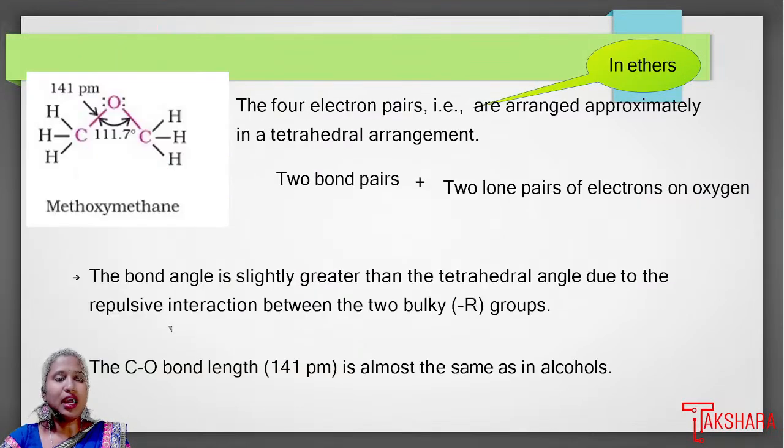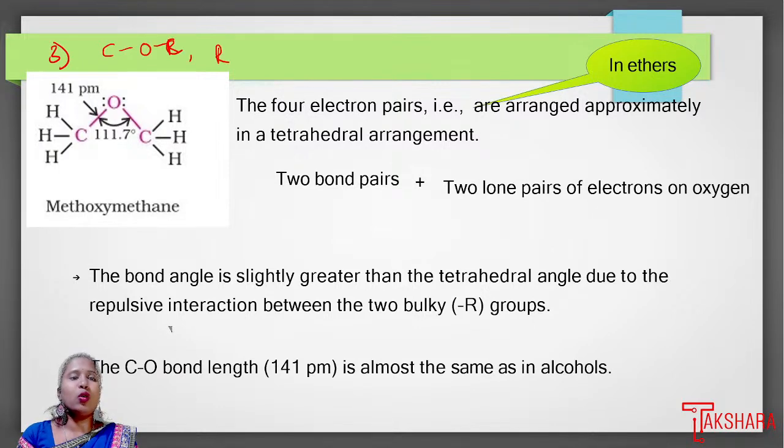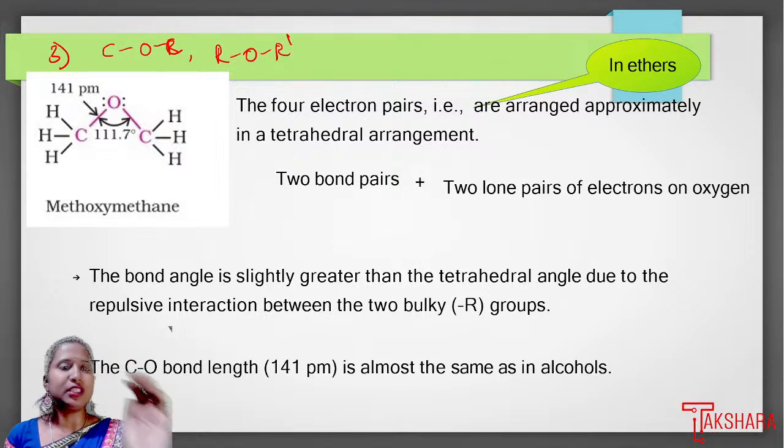Okay, then next we come to ethers. In the third case, ethers have the general formula C-O-C, which we consider as R-O-R dash. Where one R represents a CH3 group and another R dash represents an aryl ring.